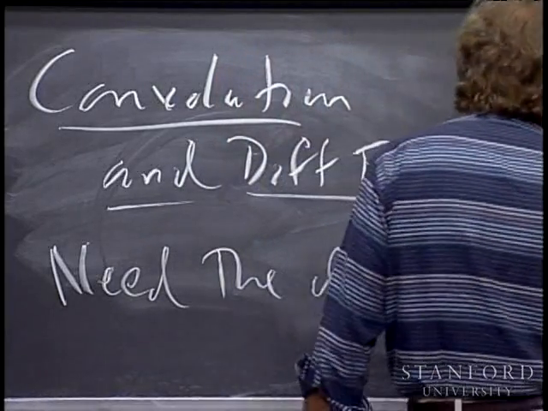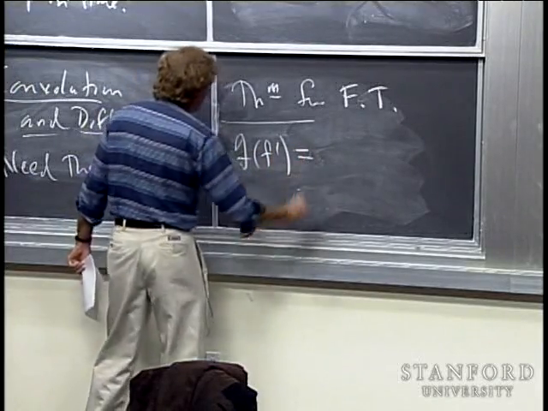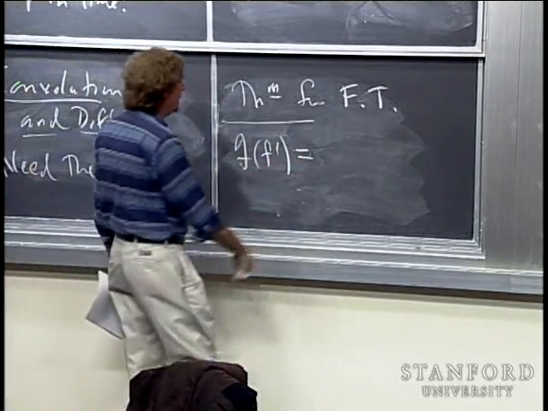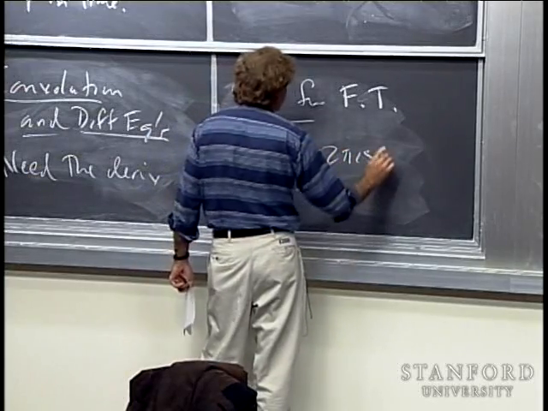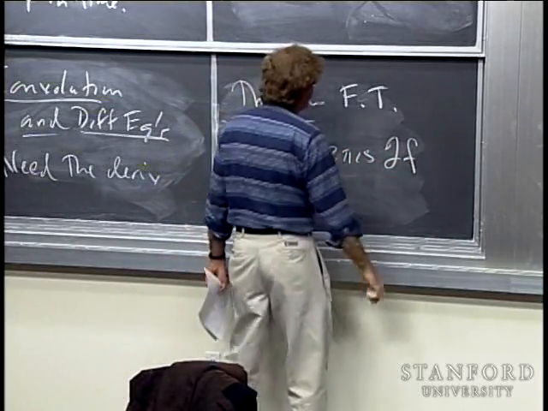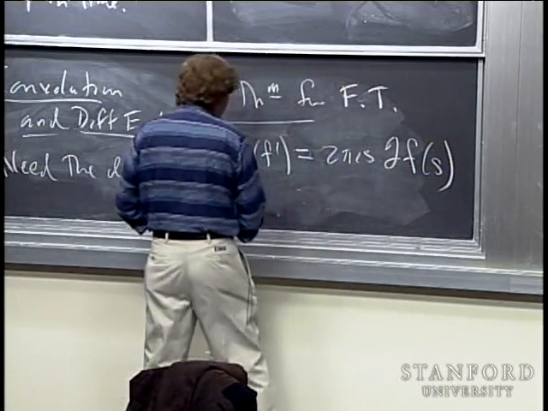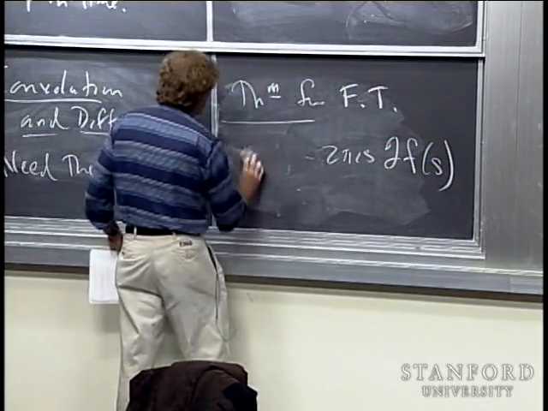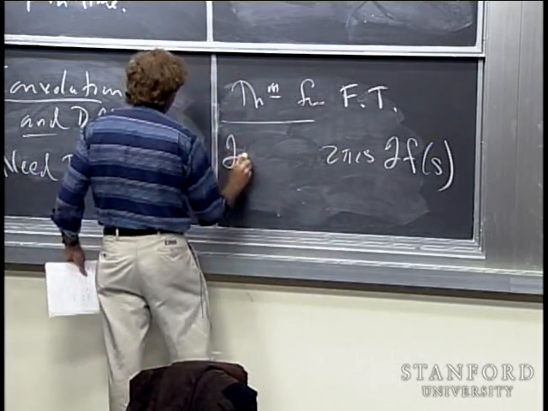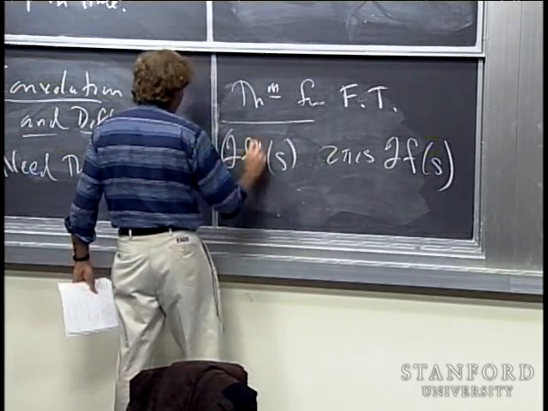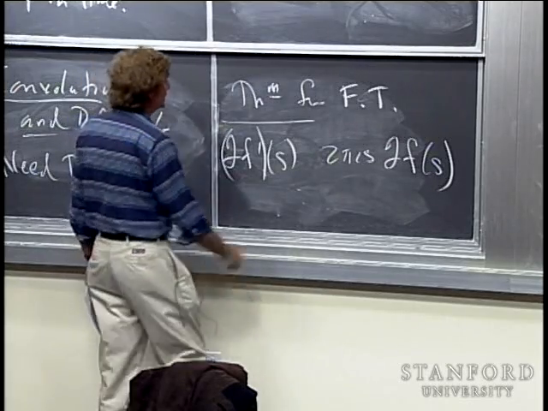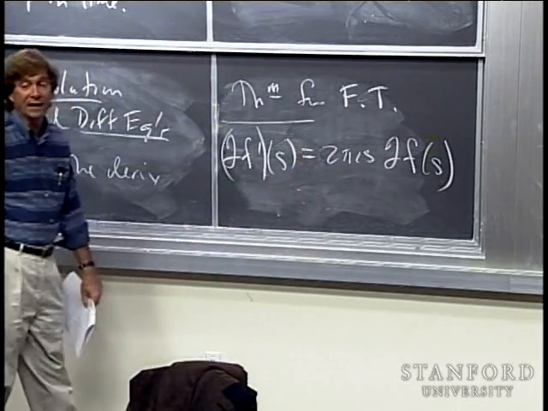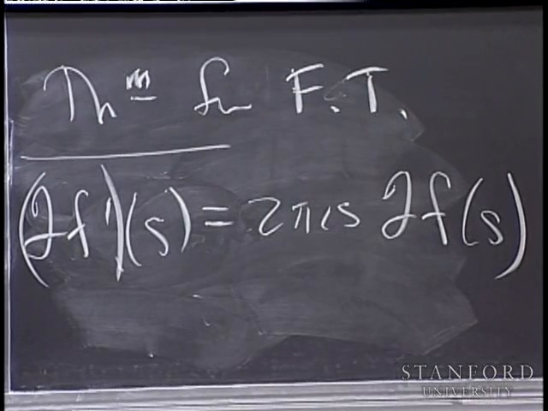It says if you take the Fourier transform of the derivative of a function, it is 2 pi i s times the Fourier transform of the original function, f of s. Let me put my variables in here. The Fourier transform of f prime at s is 2 pi i s times the Fourier transform of f at s. If the function is differentiable, then it has a Fourier transform.